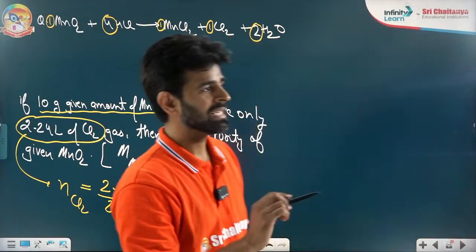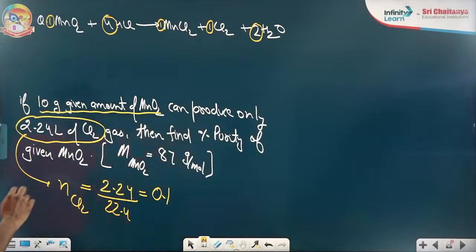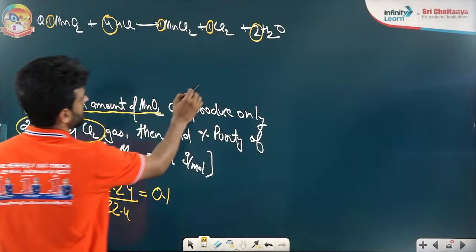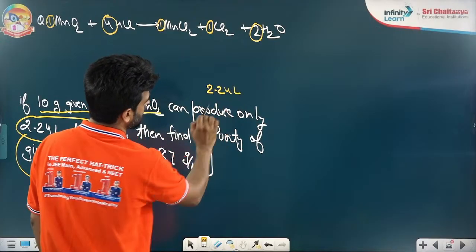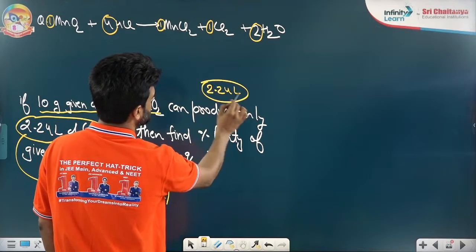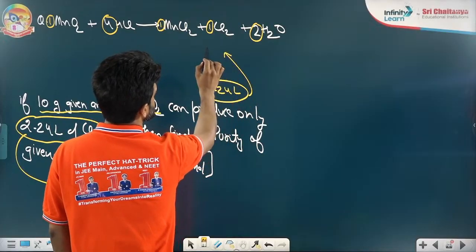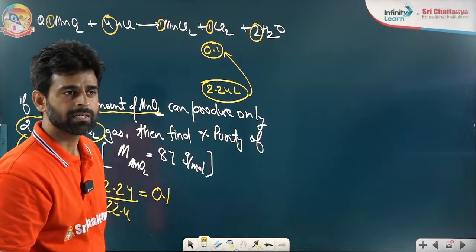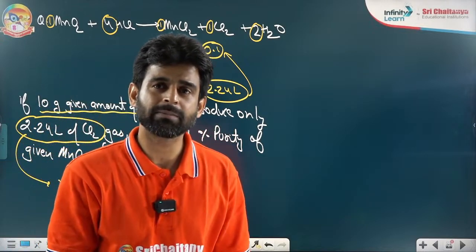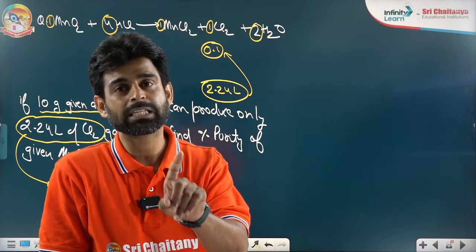Now check carefully. 2.24 liter of Cl2 gas means actually how many moles produced? 0.1 mole, right?